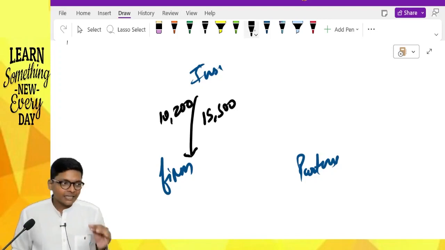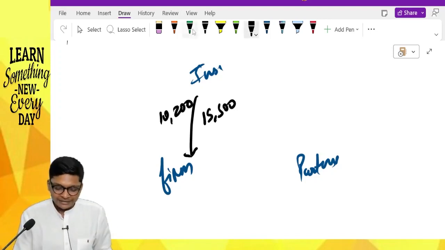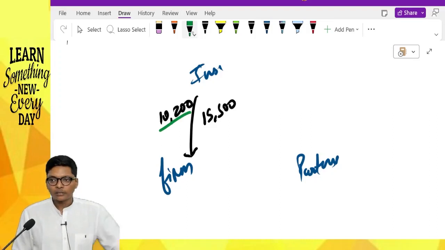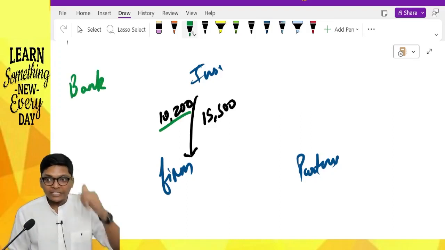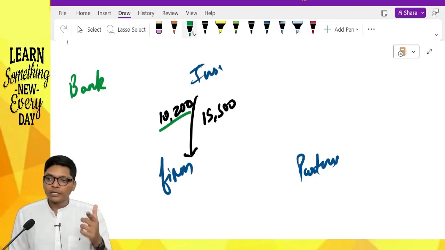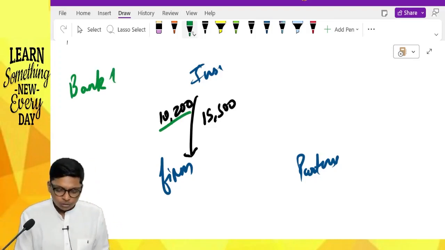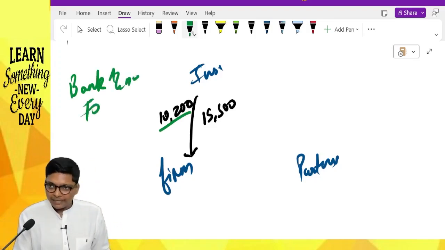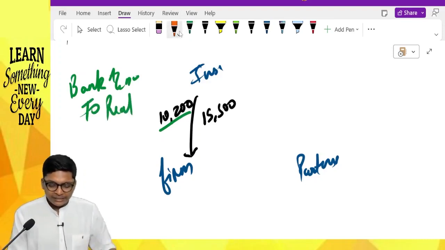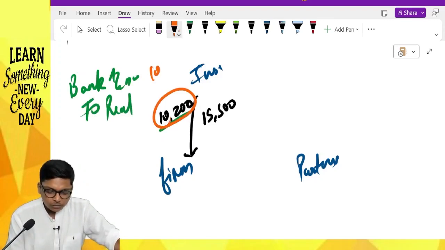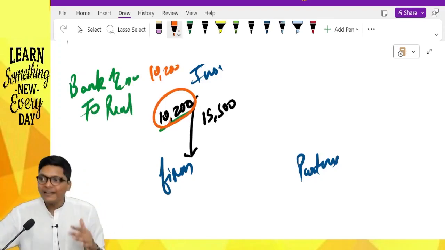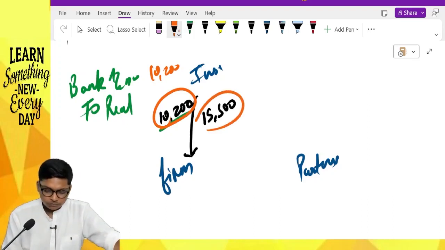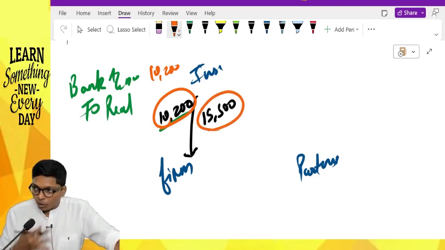10,200. Tell me the entry for receiving 10,200. Again you should not say bank to JLP. JLP is already closed. So bank to, the correct entry would be bank to JLP, but we don't have JLP. So bank account debit to realization, how much? 10,200. But is this correct? It should have been, follow very carefully. I want you to frame the entry.